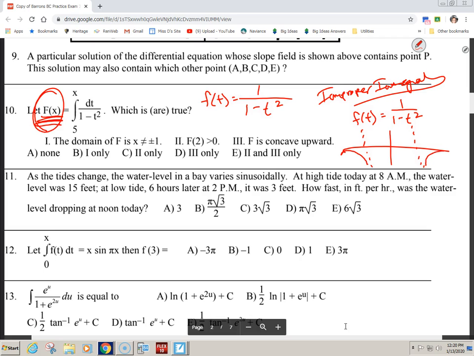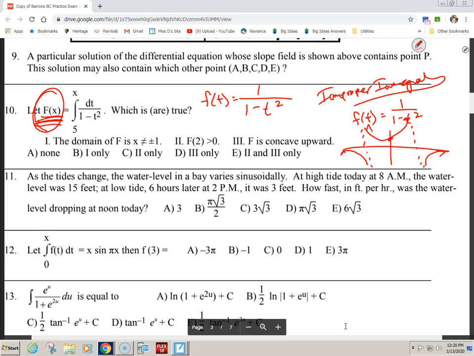So I know pretty quickly the graph looks like that and like that. I can plug in 0 and I end up with 1. If I test my concavity, yada, yada, yada, and anything in between has to be positive, I'm pretty sure. Anything between negative 1 and 1 would make a positive number. It can't go below. So anyway, I can get this graph at least roughly pretty quickly.